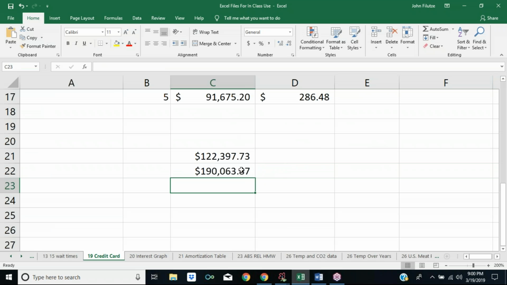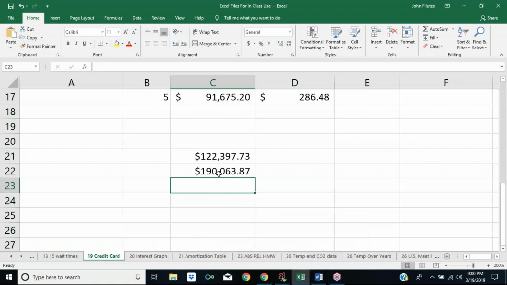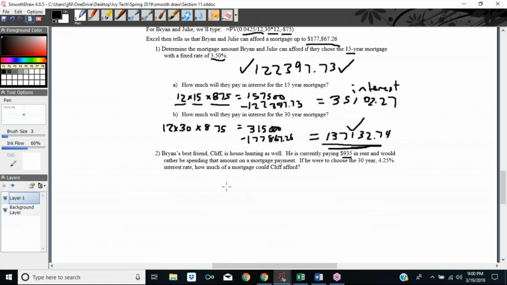So his friend Cliff could afford a house for $190,063.87. And again, remember that that's without the taxes and insurance.